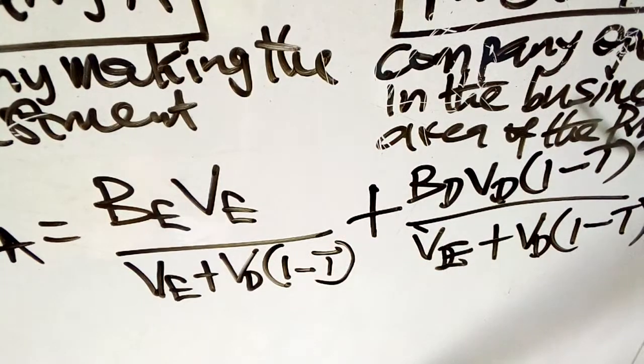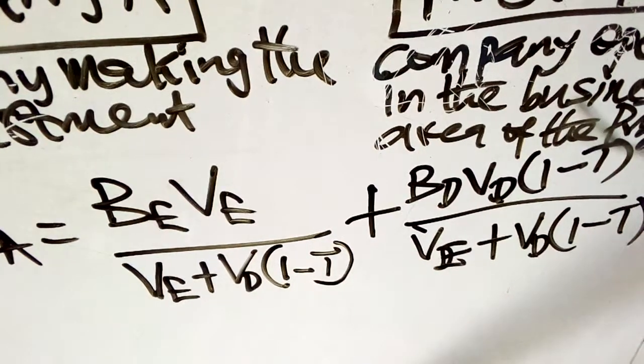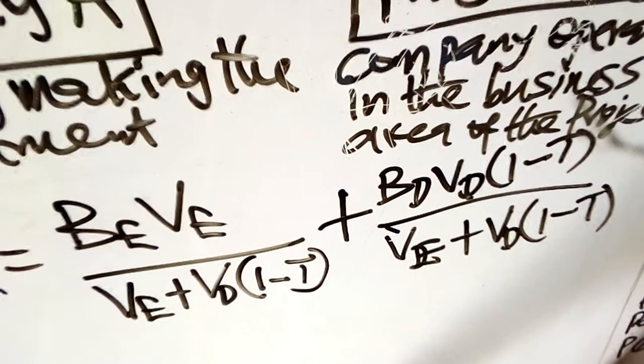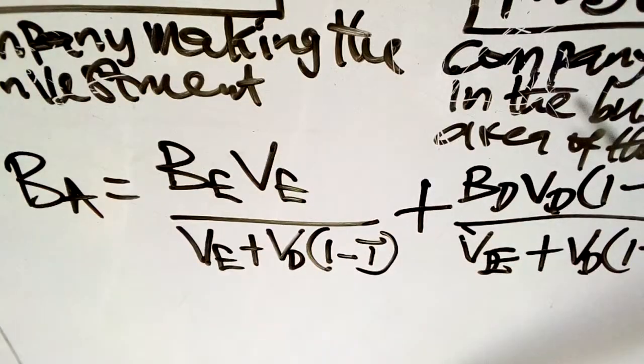So to degear the proxy company, that is, to calculate the asset beta, you make use of this formula. So take note of that.